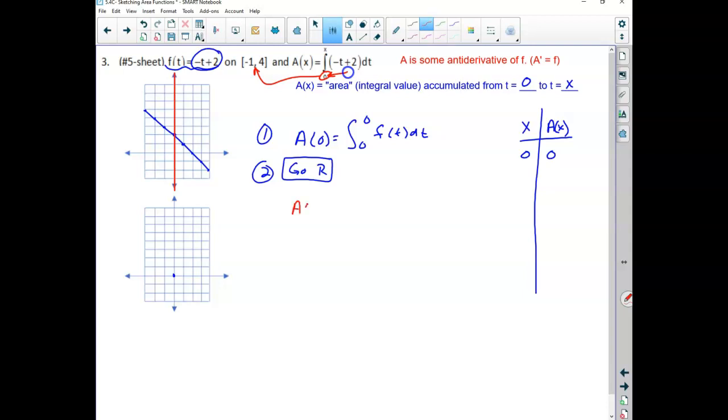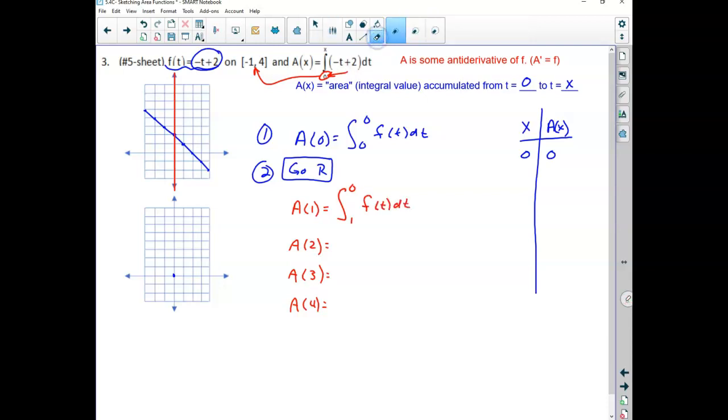You can go right, you can go left, whatever direction you want. But I'm going to find A of 1, A of 2, A of 3, and A of 4. I'm going to find them all the same way, as area accumulators. So this is going to be the integral from 0 to 1 of f of t dt.